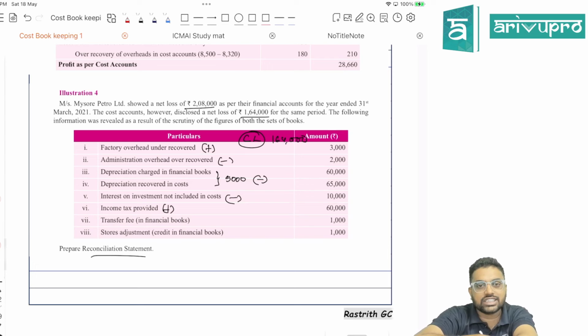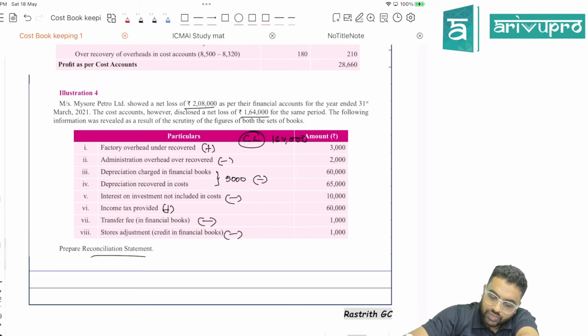Loss decreased because it's an income. So here also what you should do, sir? Decrease the loss. Stores adjustment, sir, credited in the books. When it is credited in the books, what happened to the loss as per the books? Reduced. Because it is the credit side, the difference will be less. So loss reduced. Here also you should reduce the loss.